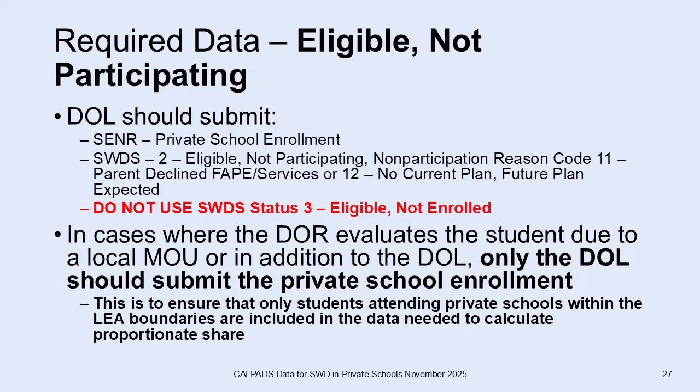If it's not feasible, it's fine. Again, the recommendations that I'm making are to make it easier for you to calculate proportionate share. If you're not going to implement these procedural changes this academic year starting now, then I would not advise that you rely solely on CALPADS for your proportionate share calculations. That's all I will say.